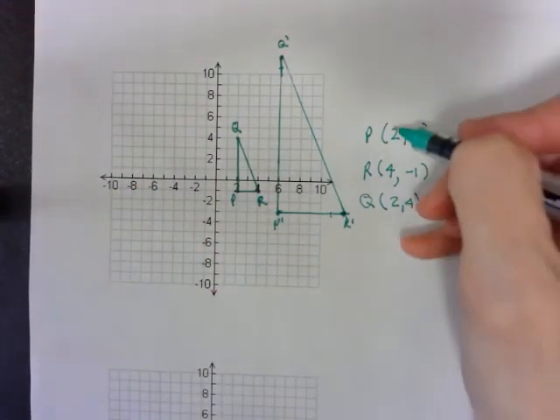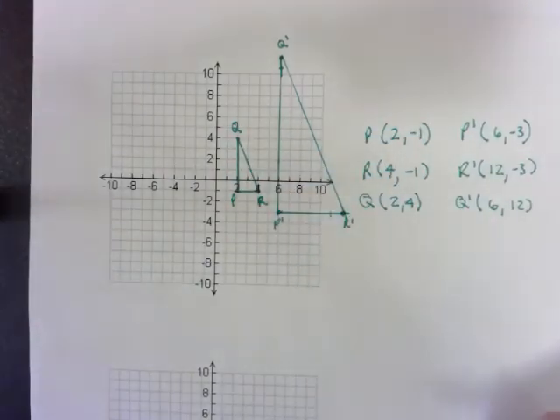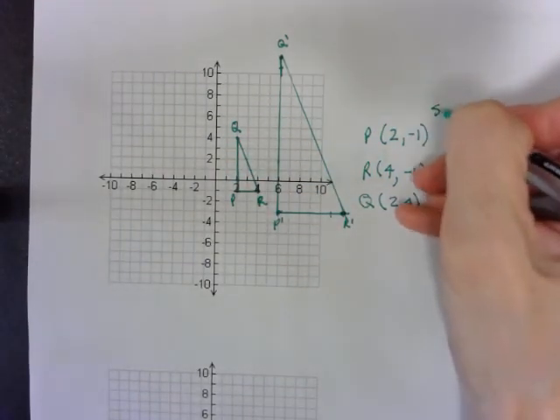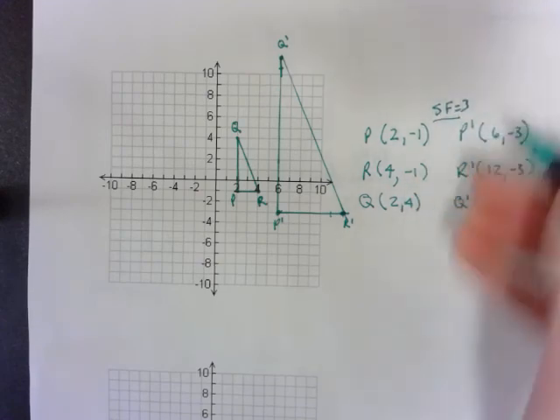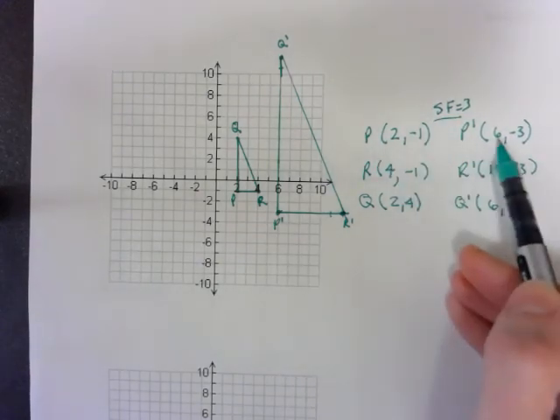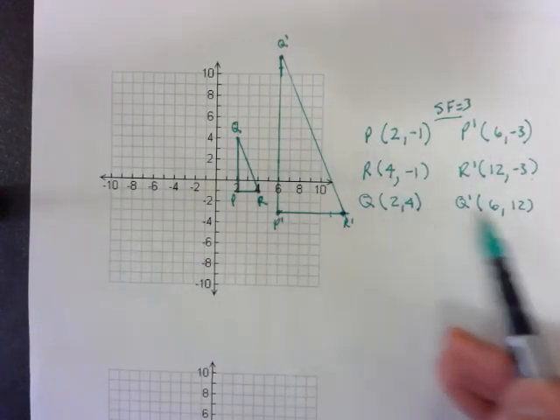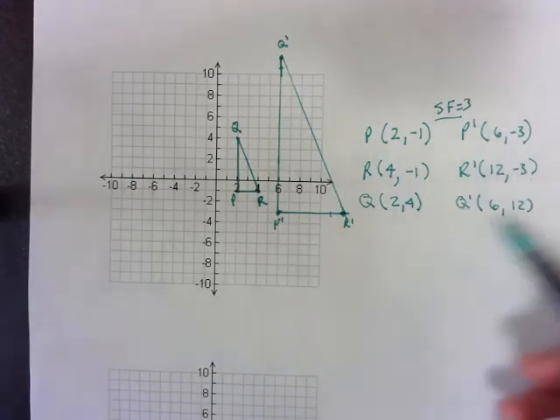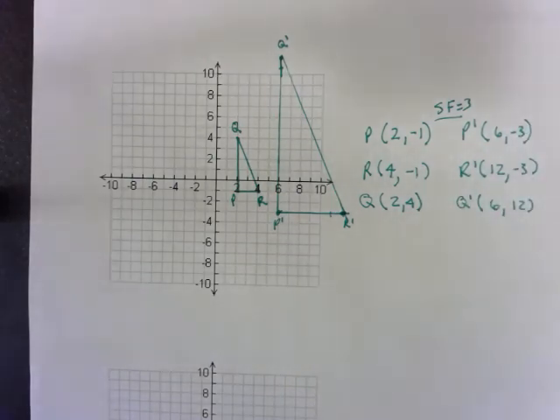But what I did is I took the points of my pre-image and applied my scale factor of 3 to each of the points, so multiply by 3, multiply by 3, multiply by 3, and now I can graph my image.